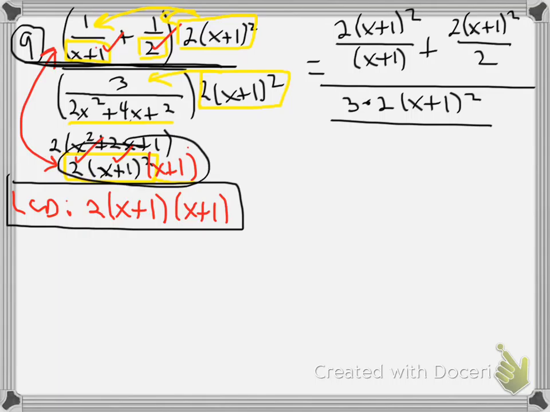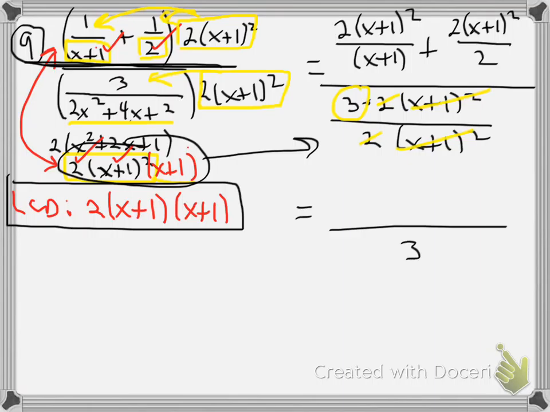It became this. So I'm going to write this on the bottom, 2x plus 1 squared. So you're saying, well, big deal, the bottom, it looks really easy. Yes, the bottom looks great. 2 cancels out 2, x plus 1 squared cancels out x plus 1 squared. Yay. So we're only left with a 3.